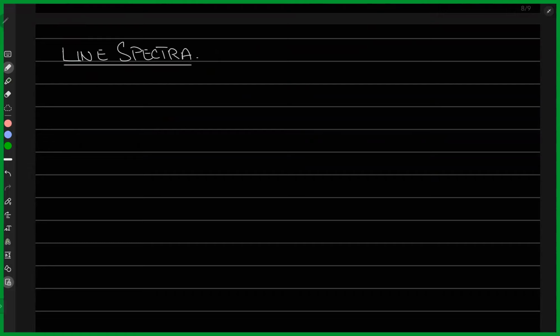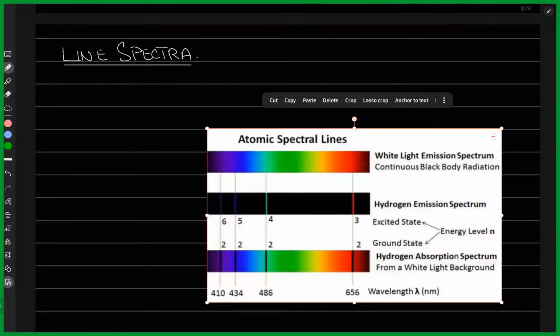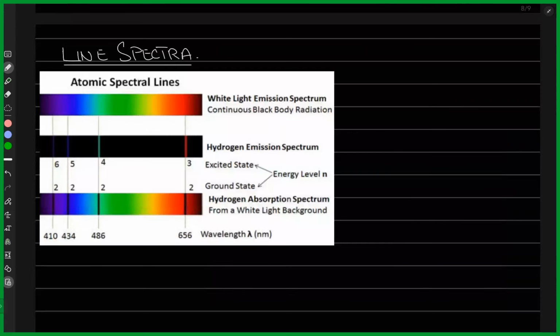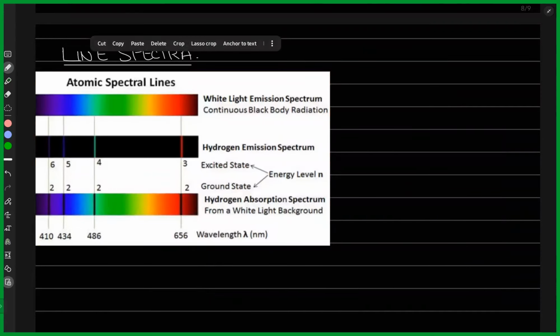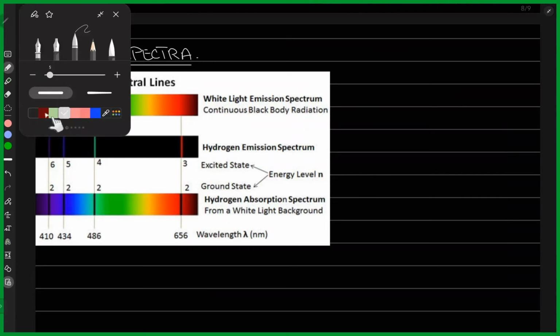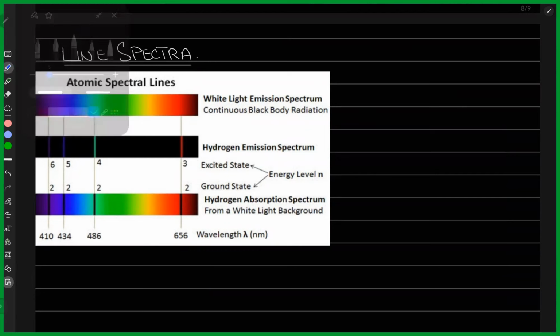Okay, and let's see if I have this over here. Yeah, let's bring this over. You can see the first one over here. Let me change the color. Let's use blue. This one you see over here is called the continuous spectrum. This is a spectrum for white light, right?